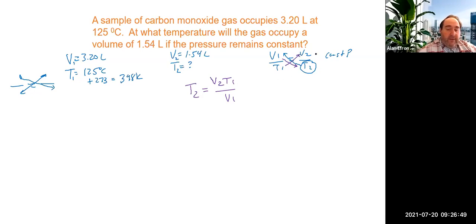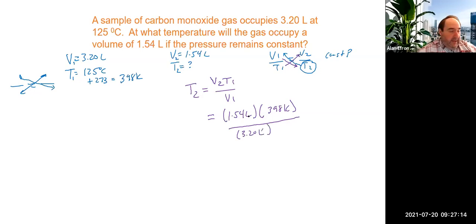You're basically multiplying T2 to both sides, multiplying T1 to both sides, and dividing by V1 on the other side. So if we put all of our numbers in, we want to make sure we get our correct numbers in the right location. So we're looking at V2 up on top, T1 on the top there, and V1 on the bottom.